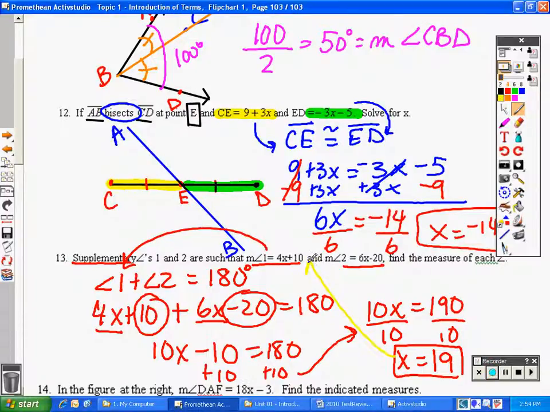All right, I am personally going to plug it into the 4x plus 10. So the measure of angle 1 will be 4 times 19 plus 10. 4 times 19 is 76.